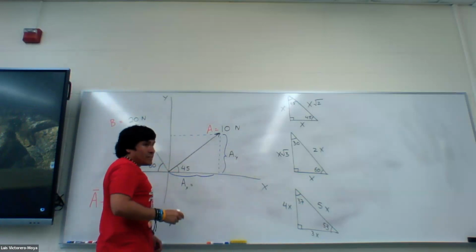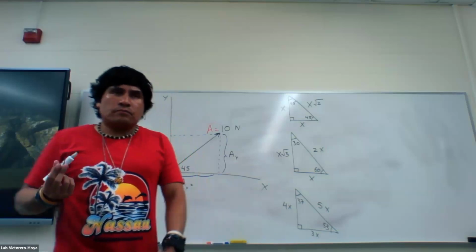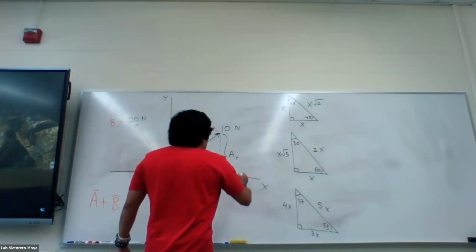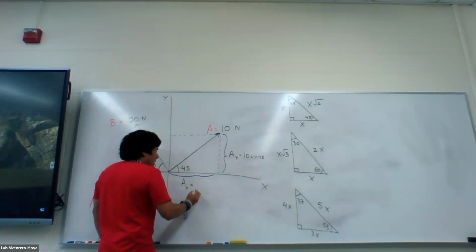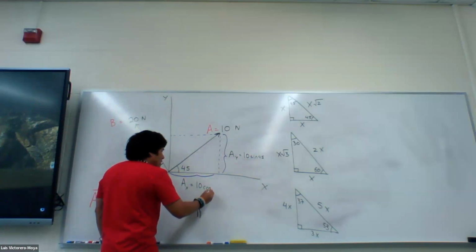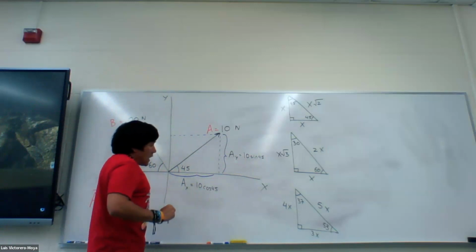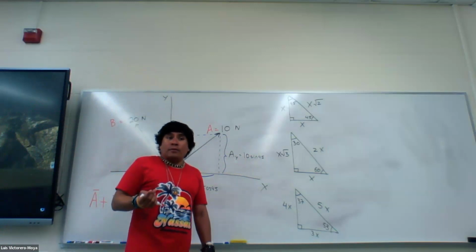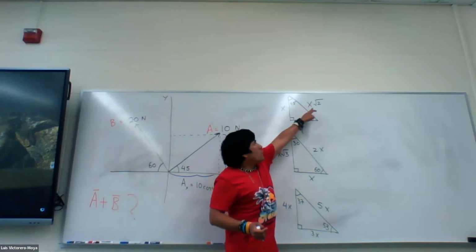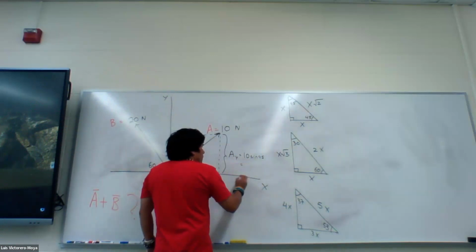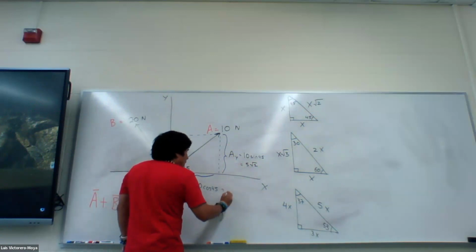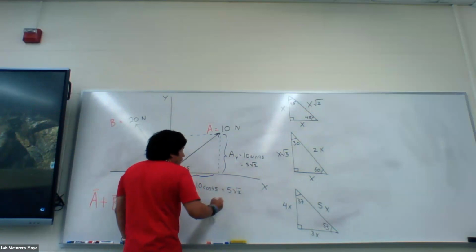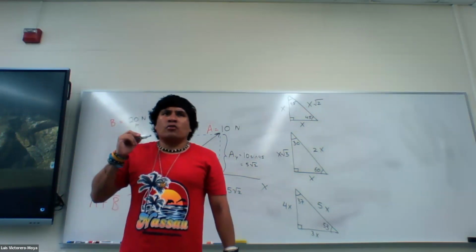Opposite over hypotenuse is the sine of the angle. So we use that: 10 sine 45. And this will be 10 cosine 45. Now the sine of 45 is √2/2, opposite over hypotenuse. So that will give me 5√2. And this will give me also 5√2. Why? The sine of 45 is equal to the cosine of 45.